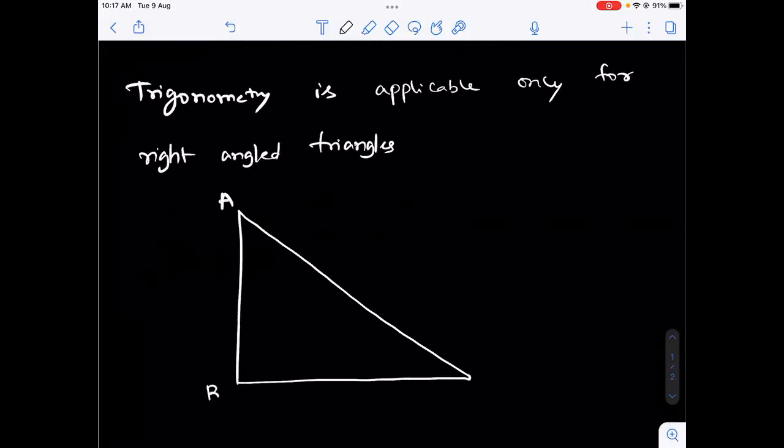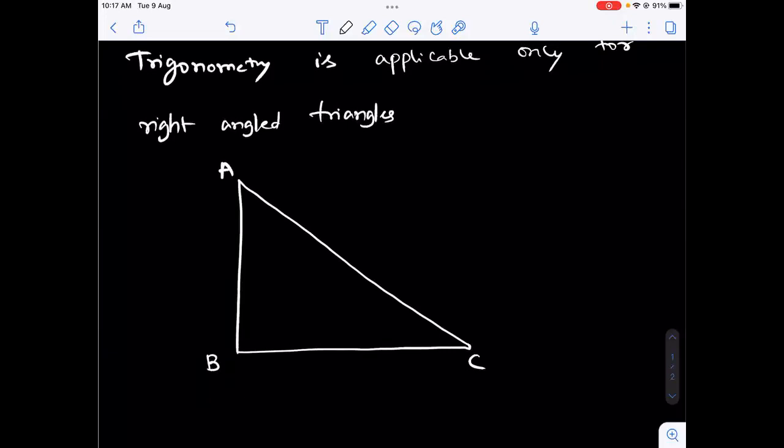When you look at a right angle triangle, if I take this as A, B, and C, you definitely have one right angle, and you have angle A and angle C. Concentrate.